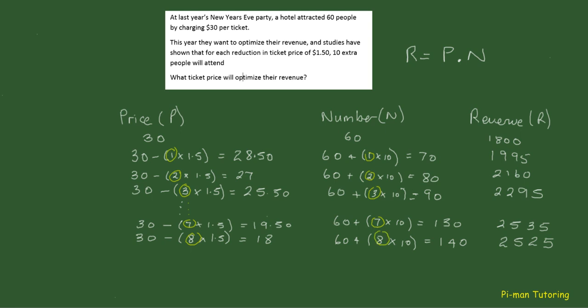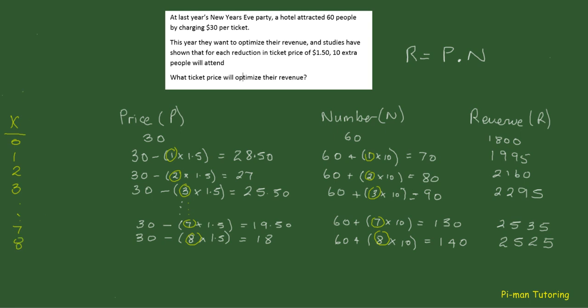And so we could introduce a variable x. If we put that over here in a new column, in this first row, x would be 0. Second row, x is 1. Third row, x is 2, 3, 4, 5, 6, 7, and 8.